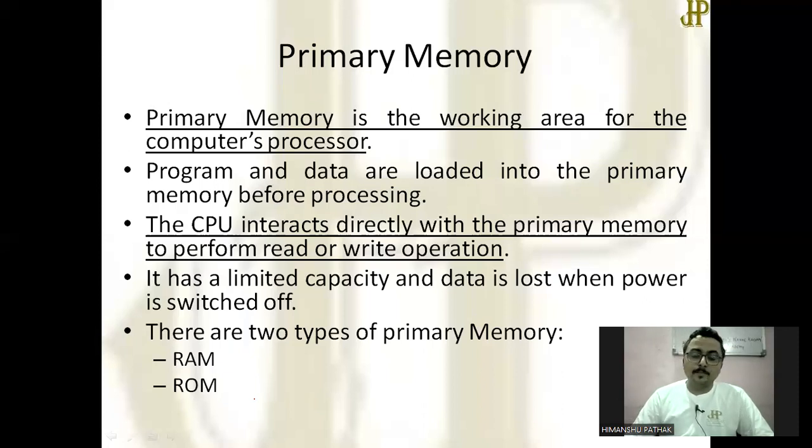After that, the CPU will act accordingly. So you can see that primary memory is the working area for the computer's processor. That's all.